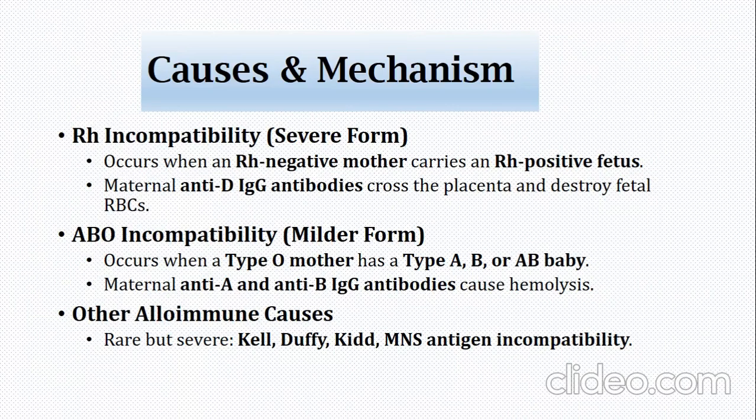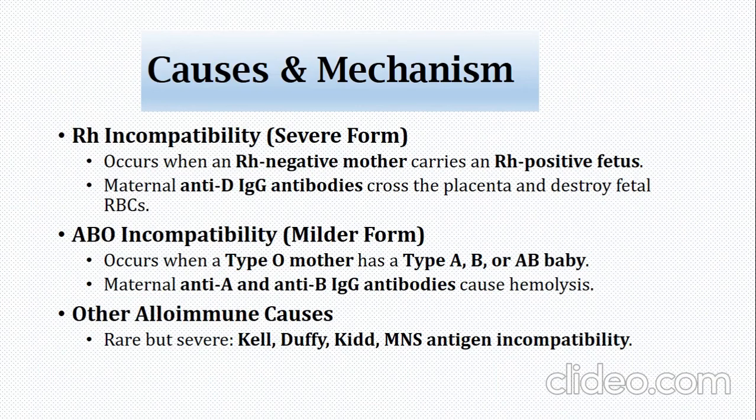In a subsequent pregnancy with a rhesus positive fetus, these antibodies can cross the placenta and attack the fetal red blood cells, causing hemolysis, which is the destruction of red blood cells of the fetus.